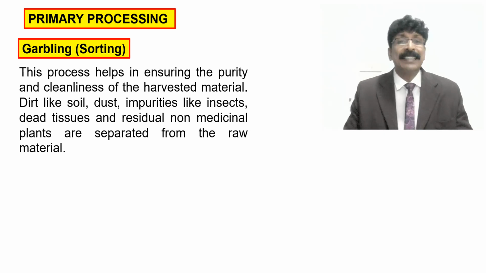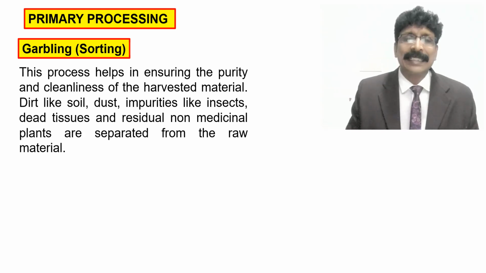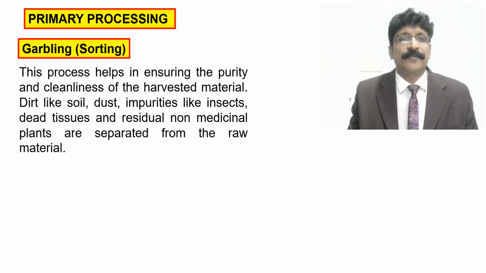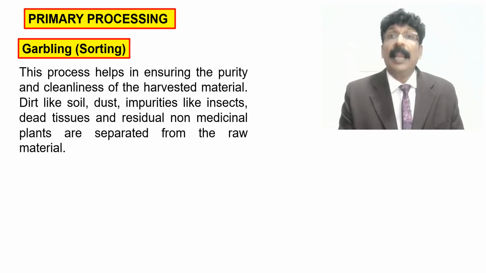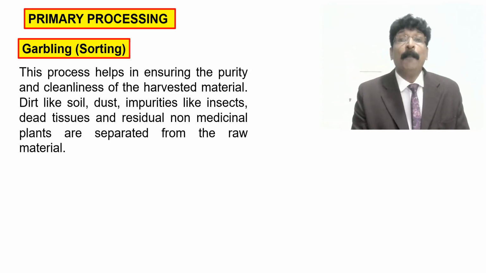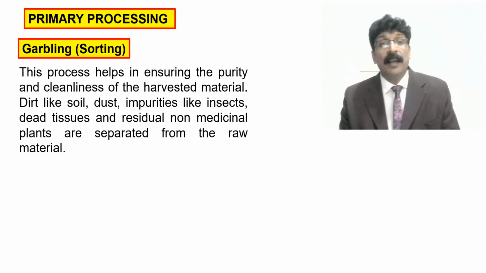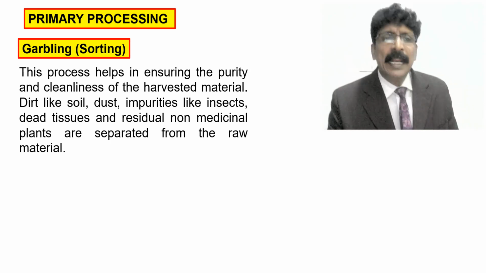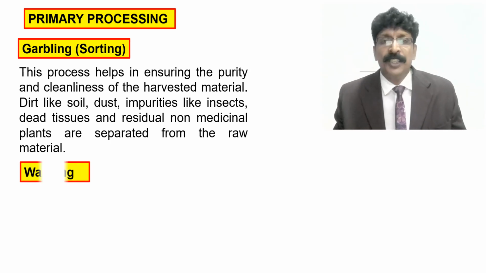This processing helps in ensuring the purity and cleanliness of the harvested material. Dirt like soil, dust, impurities like insects, dead tissues, and residual non-medicinal plants are separated from the raw material.